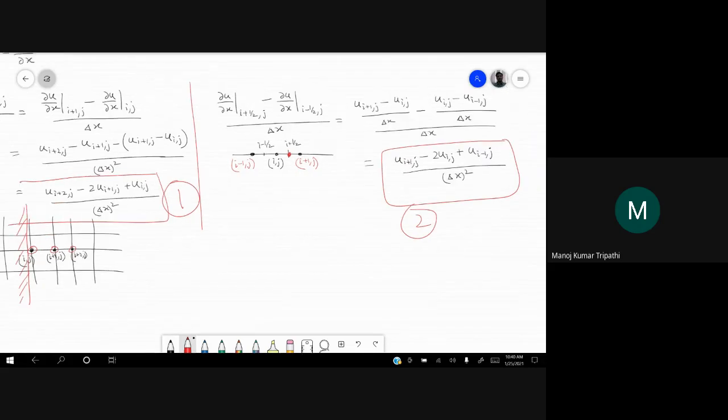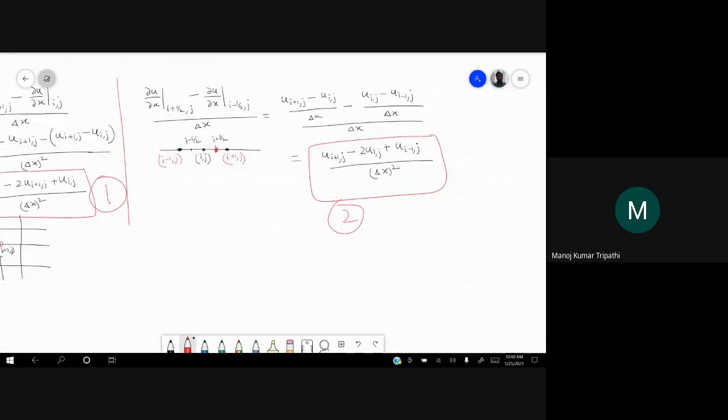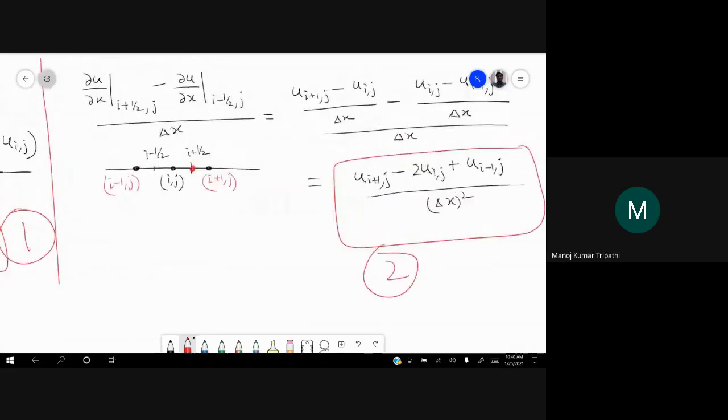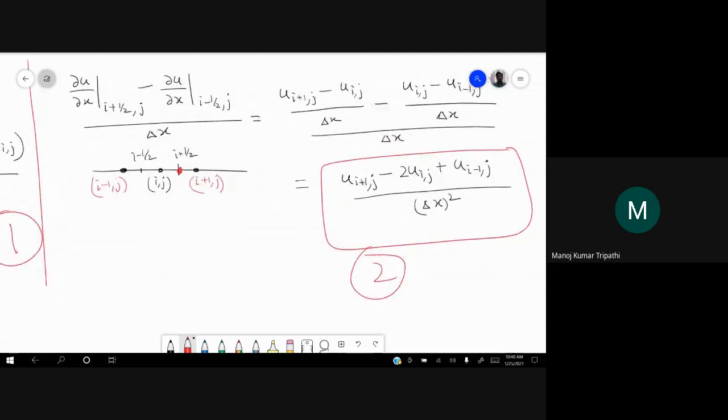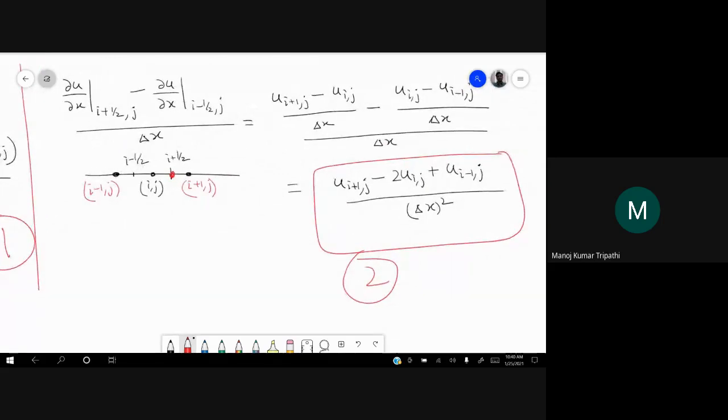And in the second one, we have used actually central difference. It looks like forward difference, but if you see carefully, what we did here, I plus half minus I minus half by delta x. So we are using the 2 points which are on either side of this ij. So this is a central difference that we are writing.